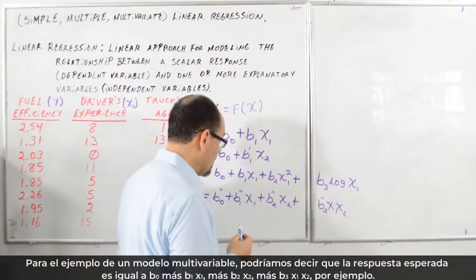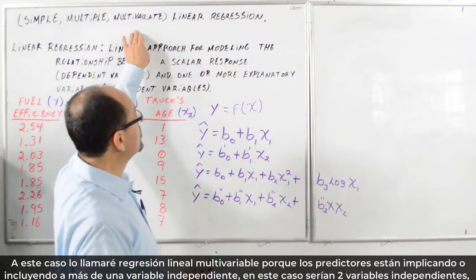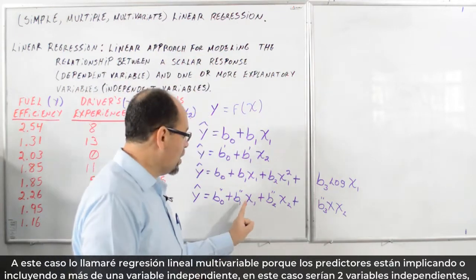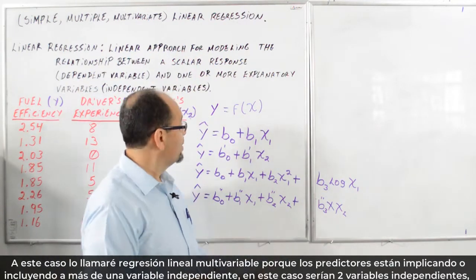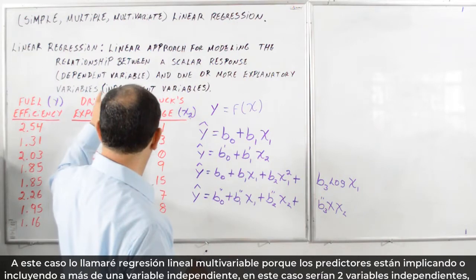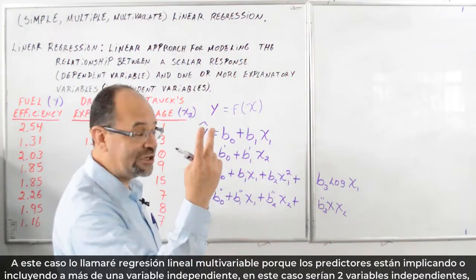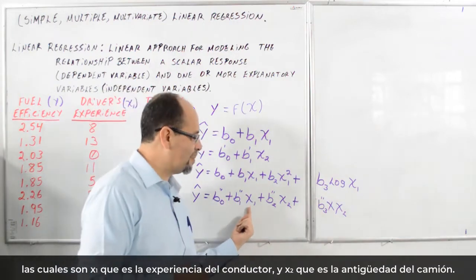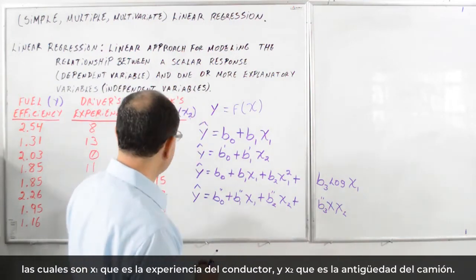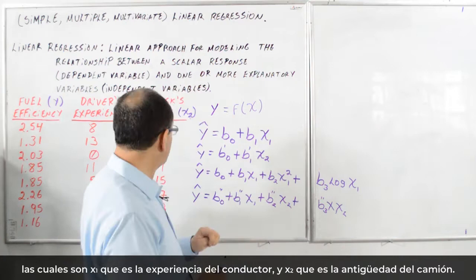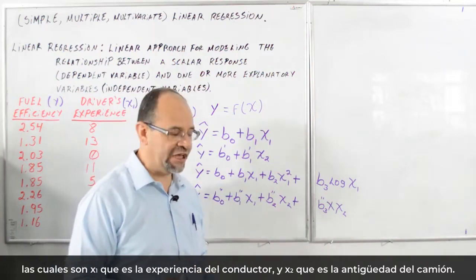For this case, I will call it multivariate linear regression because the predictors are including more than one, in this case two, independent variables: x1, which will be the driver's experience, and x2, which will be the truck's age.